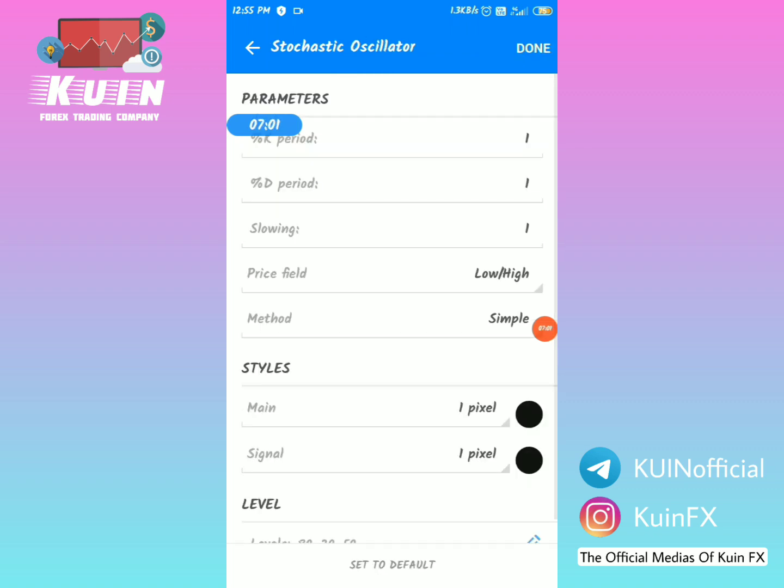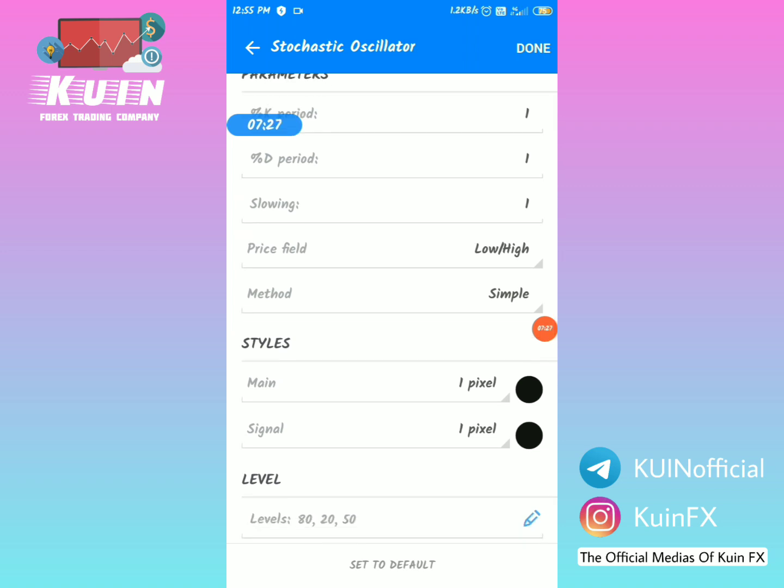In stochastic oscillator, percent K period is 1, percent D period is 1, slowing is 1, price field low/high, method simple, style main 1 pixel, color your background color, signal is also 1 pixel, color your background color. In levels we have 3 levels.